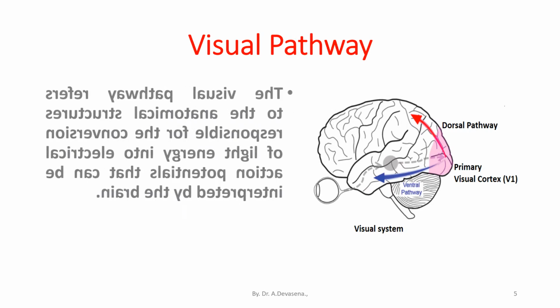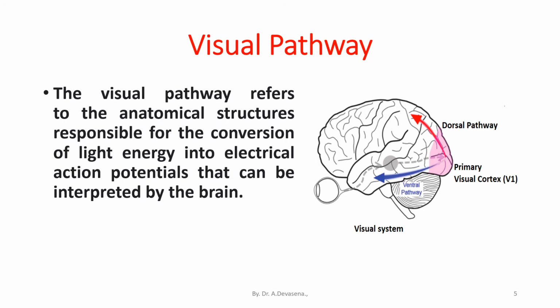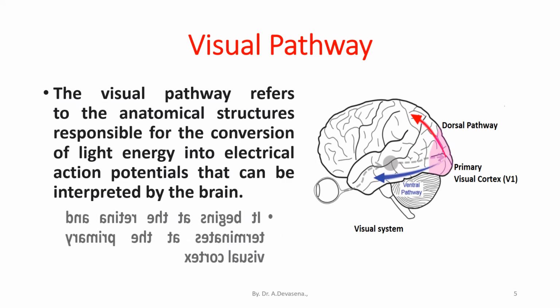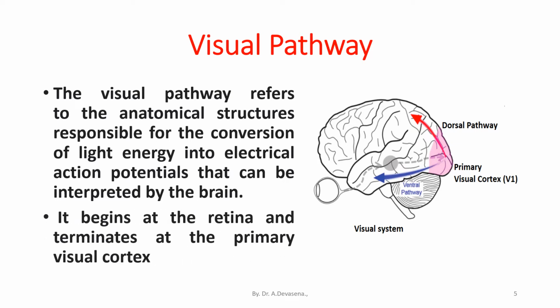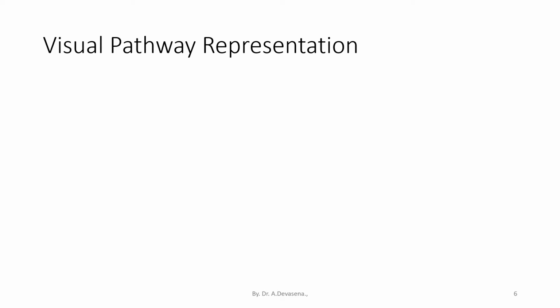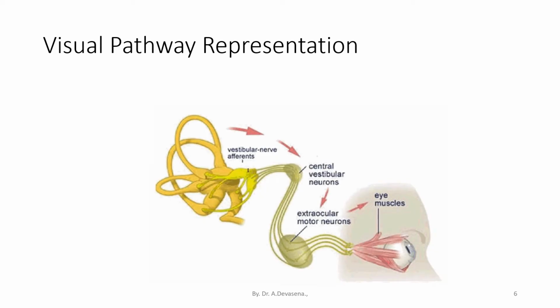The visual pathway refers to the anatomical structures responsible for the conversion of light energy into electrical action potentials that can be interpreted by the brain. It begins at the retina and terminates at the primary visual cortex. Visual pathway representation is shown in this diagram.